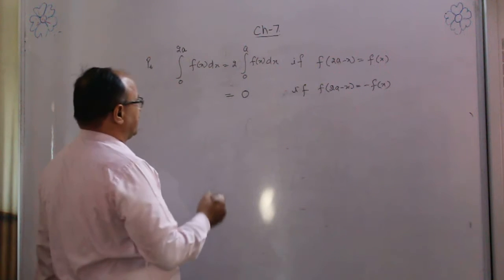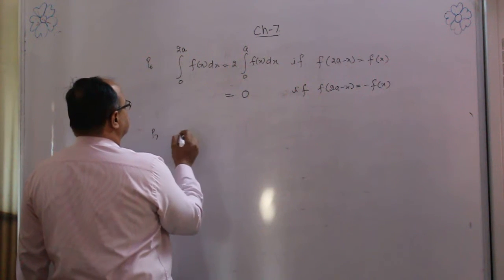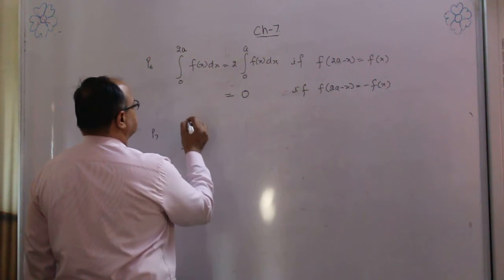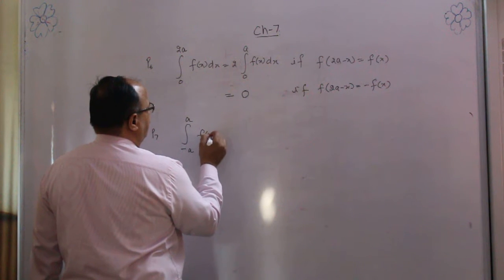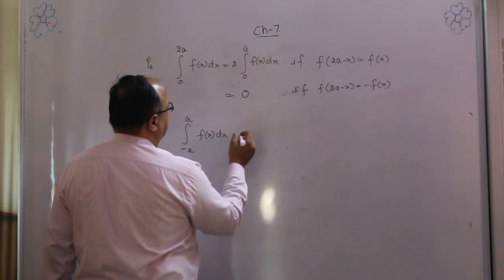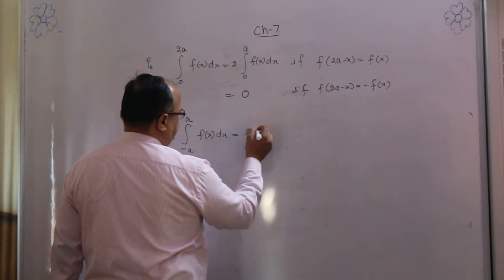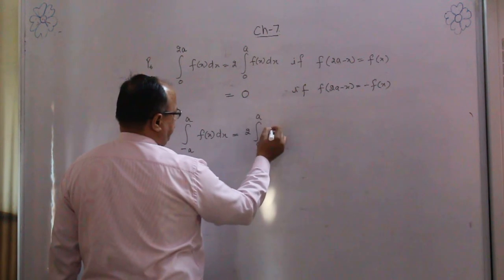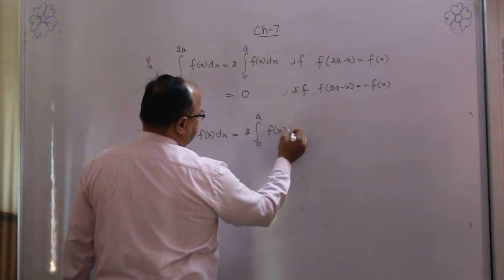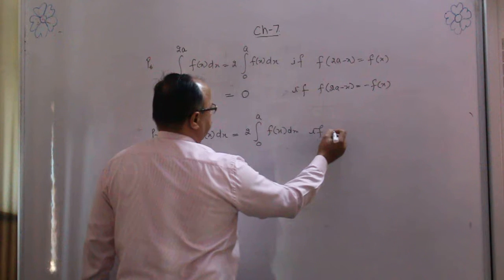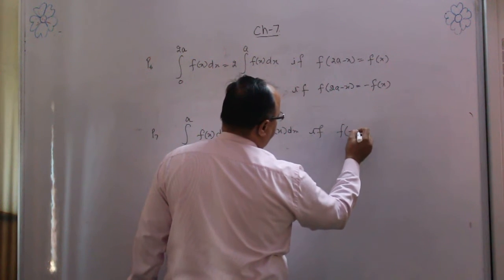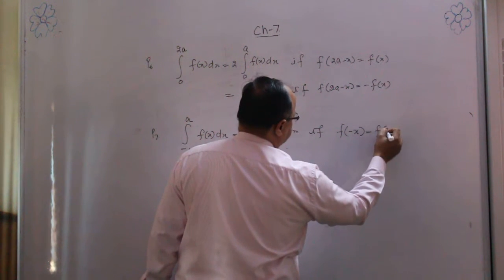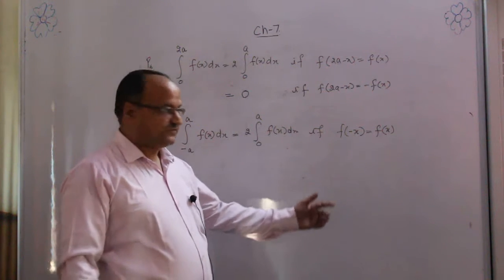Clear? And property number P7, that is the last property: integral minus a to a f of x dx is twice integral 0 to a f of x dx, if f of minus x is equal to f of x.